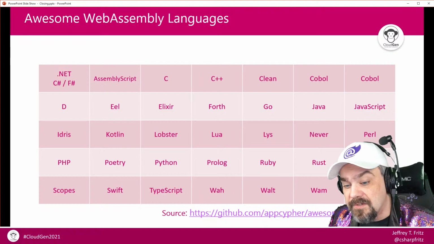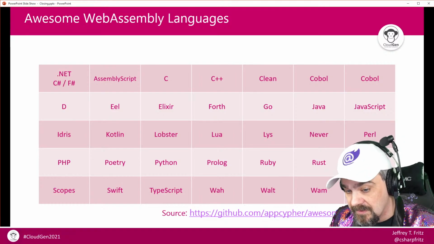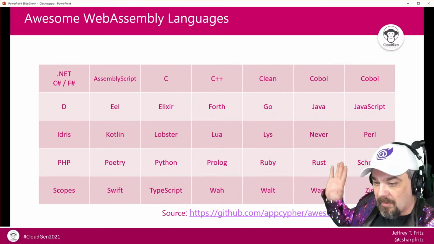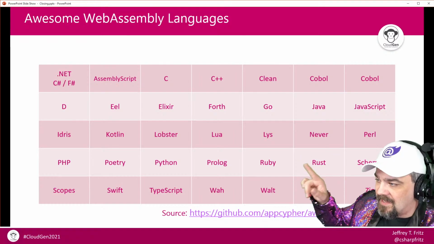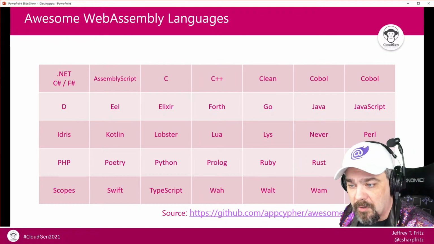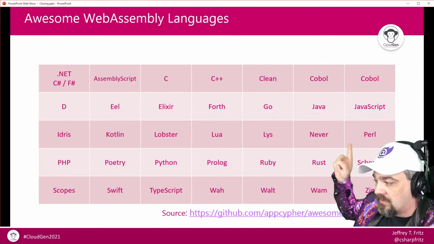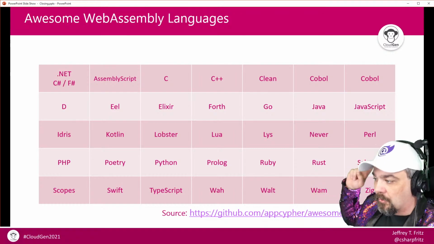Now, these are some of the very cool programming languages you can use to build targeting WebAssembly today. .NET, AssemblyScript, look at the C languages, Clean, COBOL. Yes, you can use COBOL. You can use COBOL so much I put it on the slide twice. Okay, it was a mistake, but it's there twice, just in case.